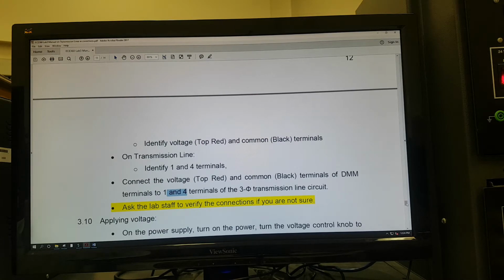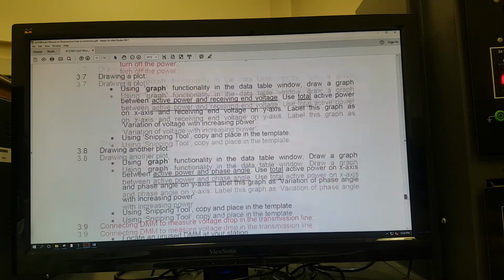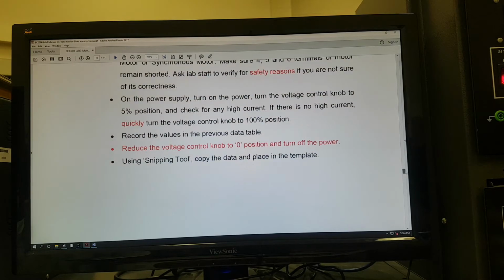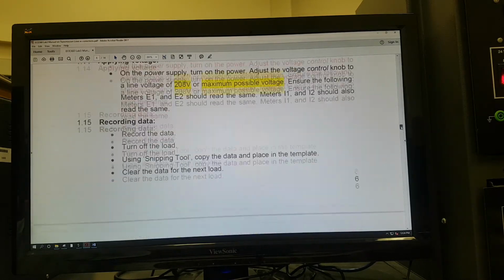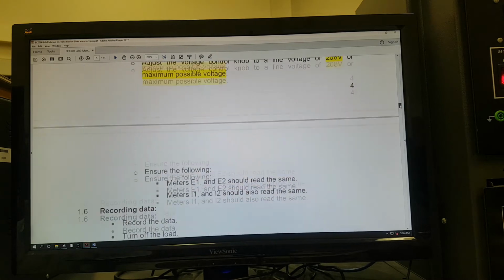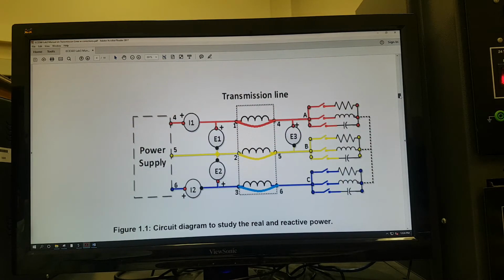Basically we are trying to measure for one phase. If you go to the circuit diagram here, 1 and 4 will be connecting a voltmeter to measure the voltage drop of one phase.